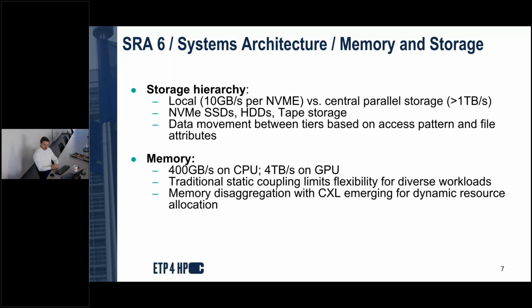And then we have the memory. Currently, we see bandwidth of 400 gigabytes per second per CPU and 4 terabytes per second on the GPUs. And what we also have in our systems, traditionally or still at the moment, is a very static coupling. So we have, let's say, 512 gigabytes in one node. And if I need more, then I have to find ways to distribute my algorithm over many nodes, or buy a bigger machine.